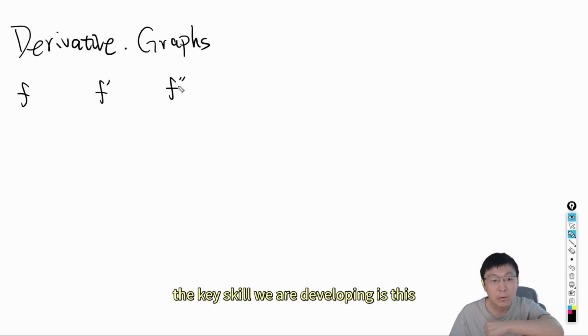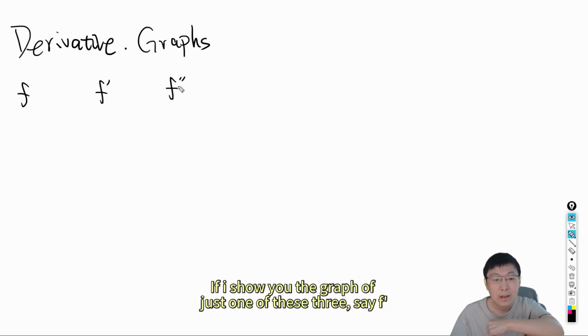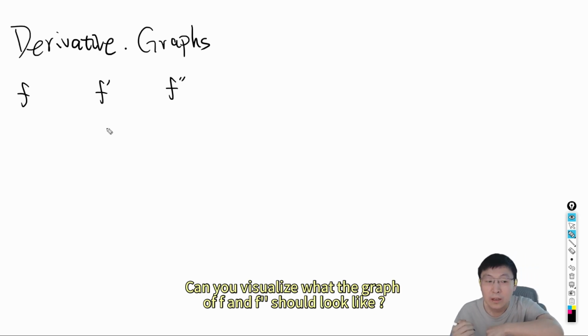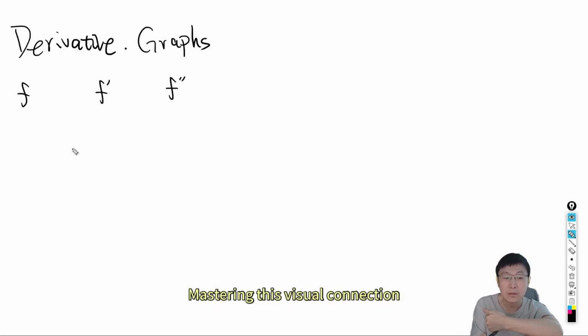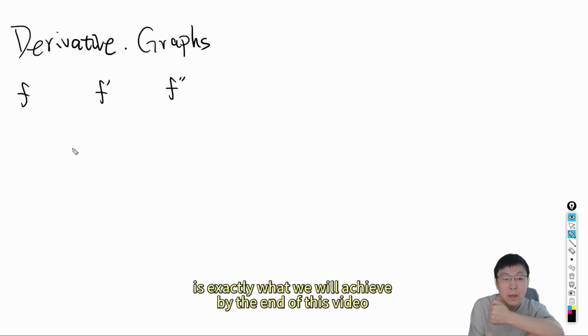The key skill we are developing is this: if I show you the graph of just one of these three, say f prime, can you visualize what the graph of f and f double prime should look like? Mastering this visual connection is exactly what we will achieve by the end of this video.